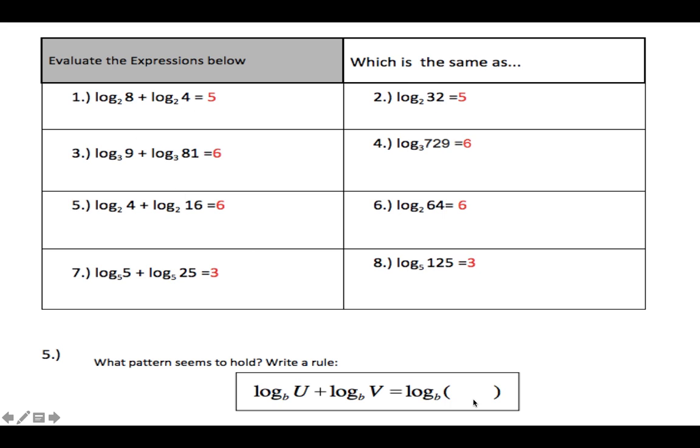So the rule is U times V. Basically, you're going to be applying this rule to be able to solve problems that you wouldn't be able to before without this rule. So the sum of two logs is equal to the log of a product, and product means multiplication. This is the essential note you needed for this portion.